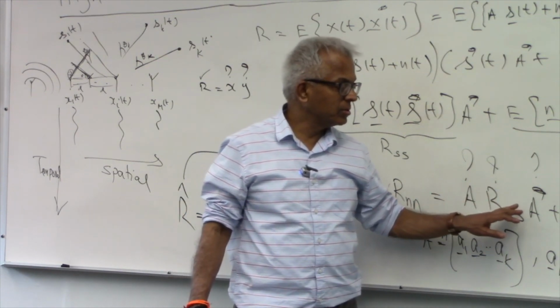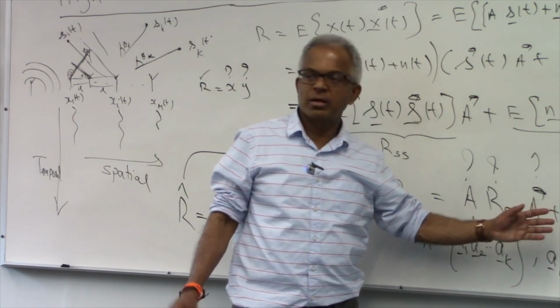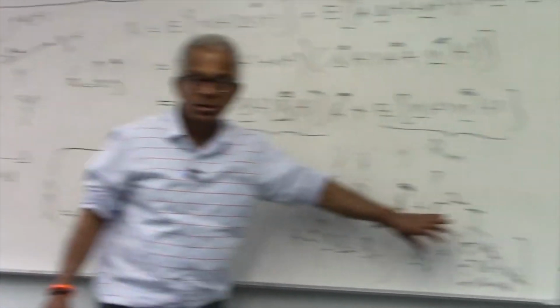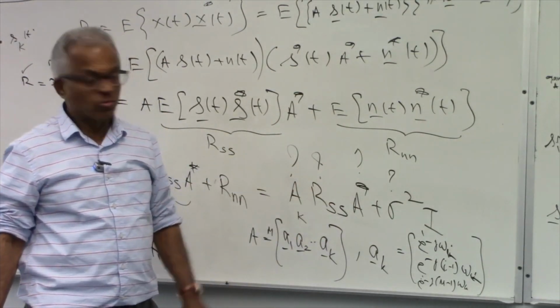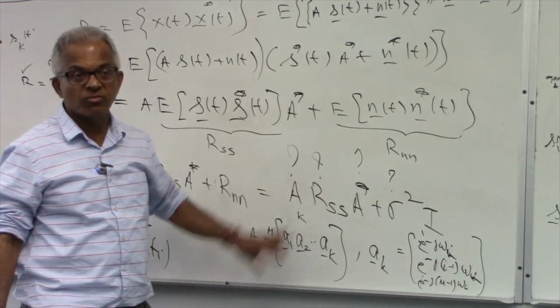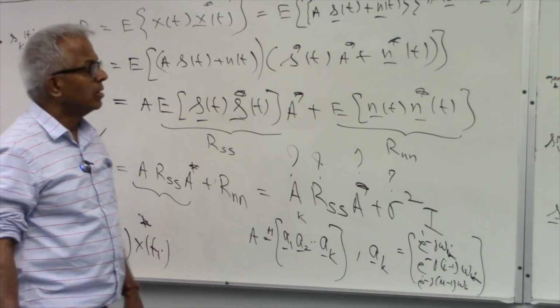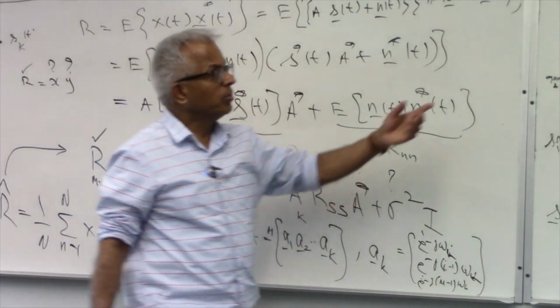And this is diagonal. Both are non-negative definite matrices, right? Look, this is non-negative definite. Why? Because R_SS is a covariance matrix, right?